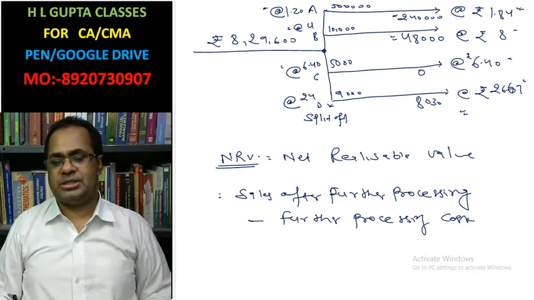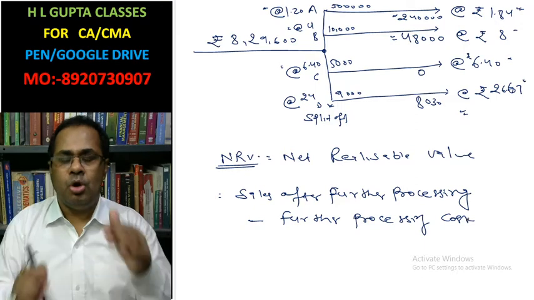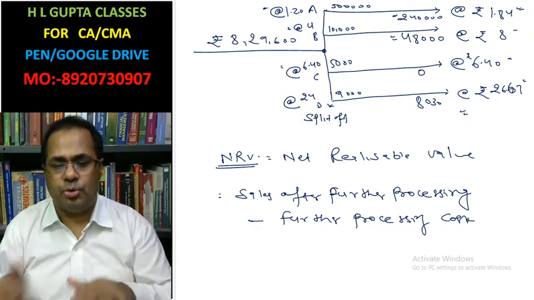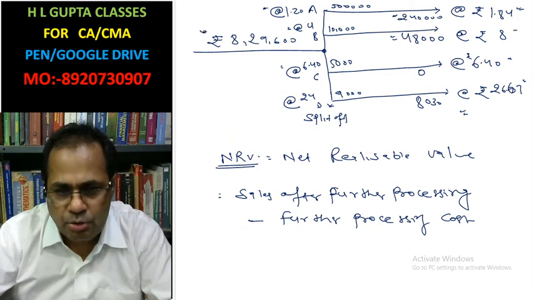This is said to be net realizable value. On the basis of this net realizable value, you have to apportion the joint cost.